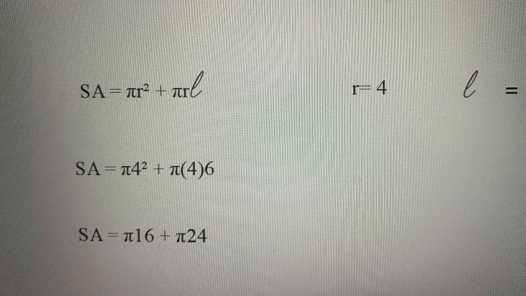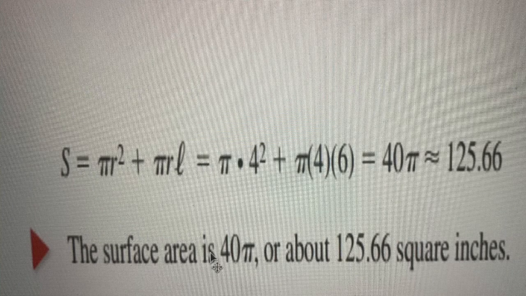If I replace the variables with what I know, I'm going to get pi times 4 squared plus pi times 4 times 6, and I'm going to get 16 pi plus 24 pi. Now, when I finish it out, I get the surface area is 40 pi, or approximately 125.66 square inches.